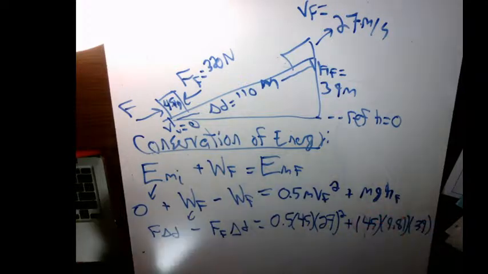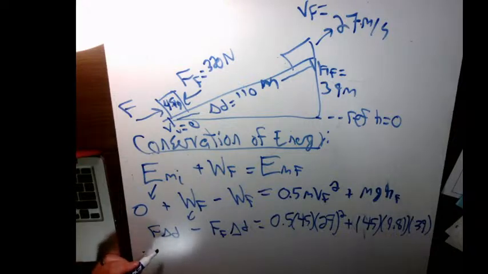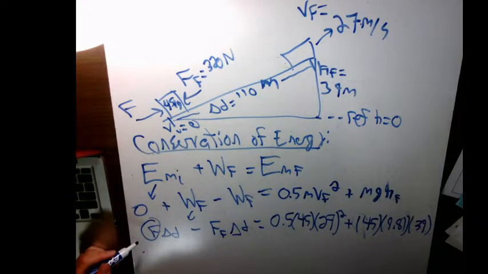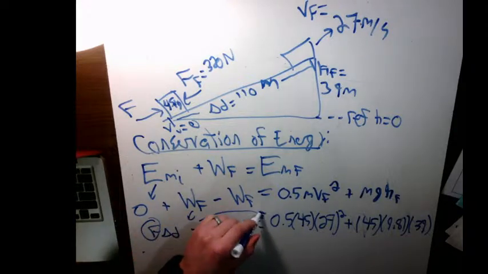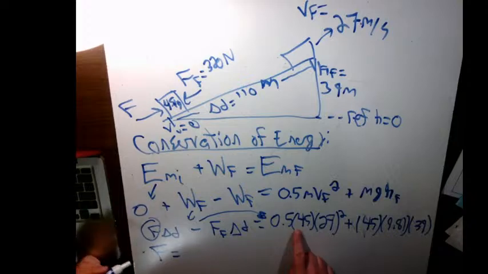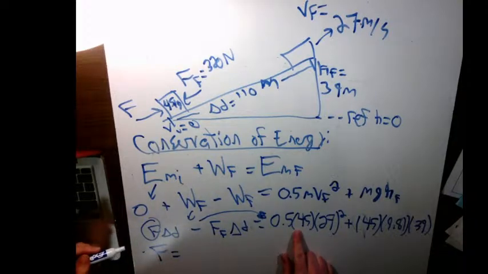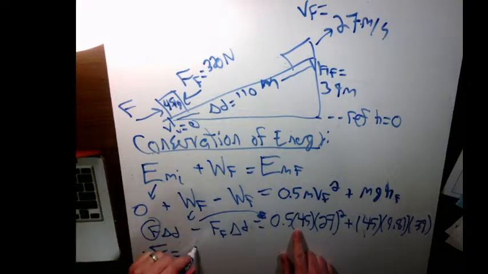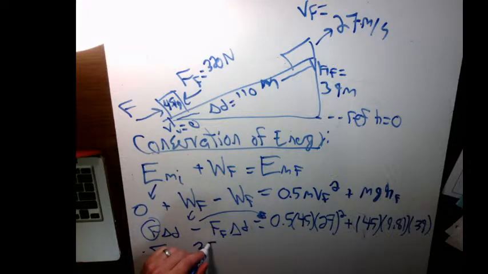We're working with much bigger numbers here, so we must have a pretty big force pushing this. So this is what we're looking for. Let's isolate for it. We're going to add the force of friction onto this side, and our distance is 110. So the force is going to be equal to this here.